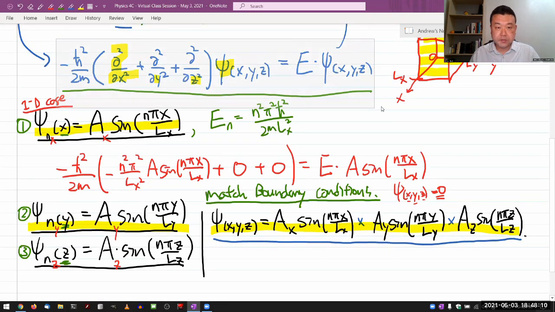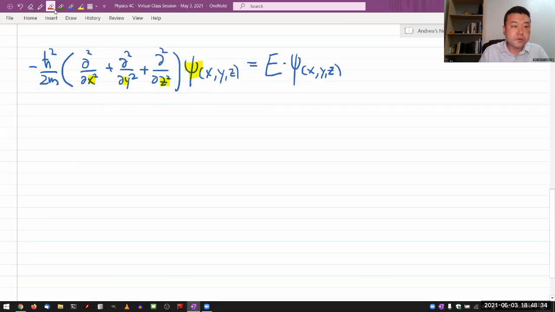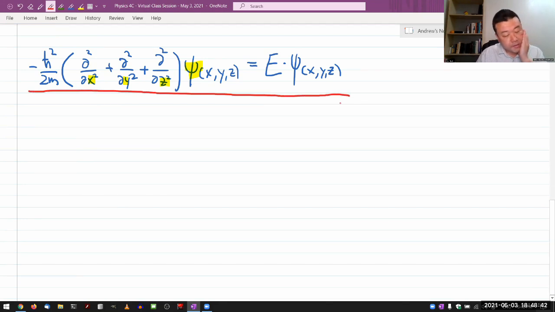So let me copy this over and illustrate what's meant by separable solutions. The separable solutions idea starts out with this supposition. It's not that you necessarily know what the exact actual solution is.